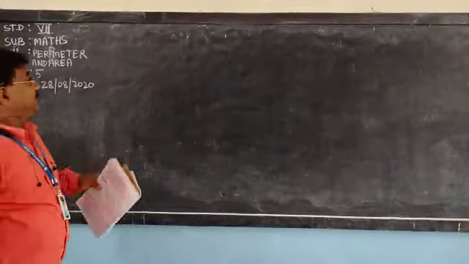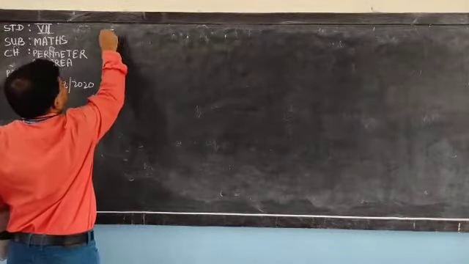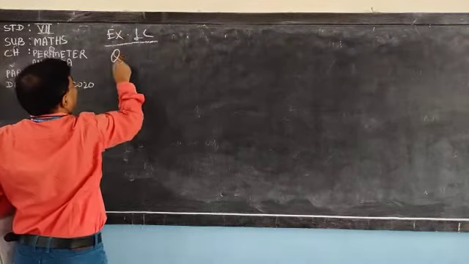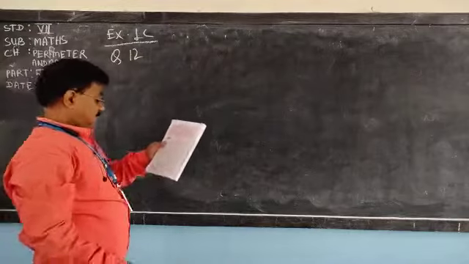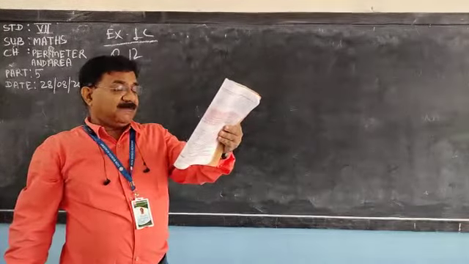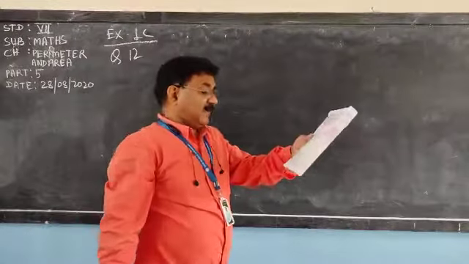Exercise 1C, question number 12. What is given in the figure? ABC is a right angle triangle.